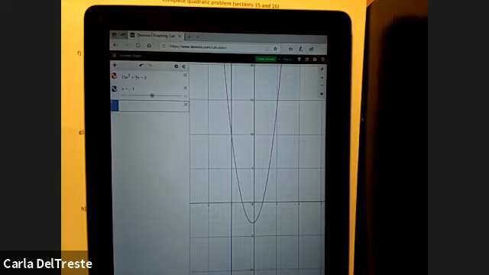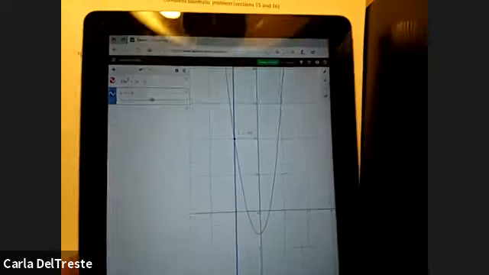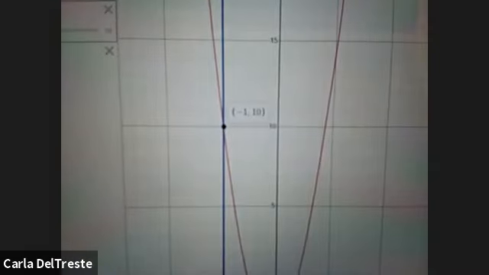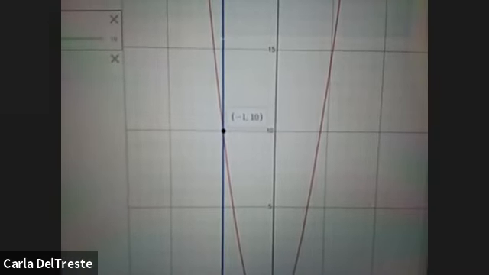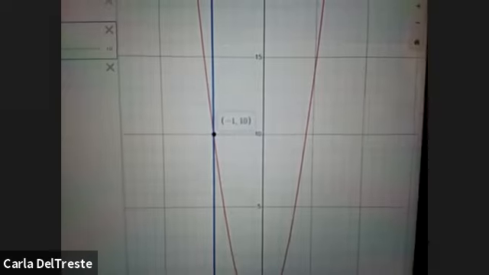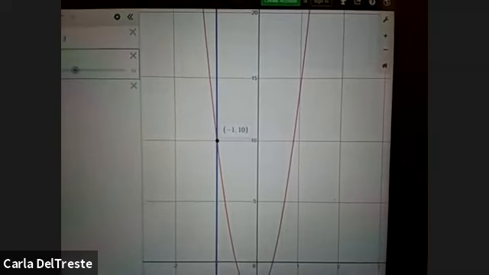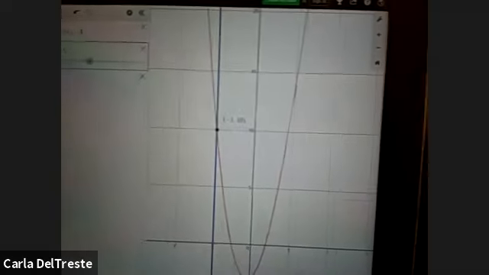Your graphing calculator cannot, because a vertical line is not a function. But now you can see that if you hit the graph, just like before, Desmos will tell you what that intersection is. And so you can see that when x is negative 1, y equals 10. So that's how you would use either technology for that.